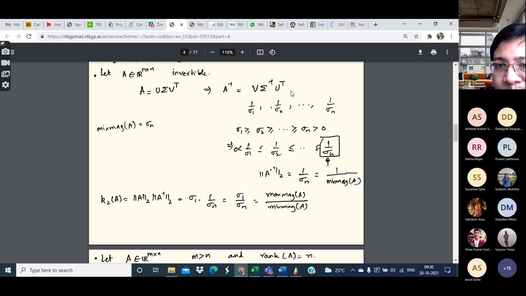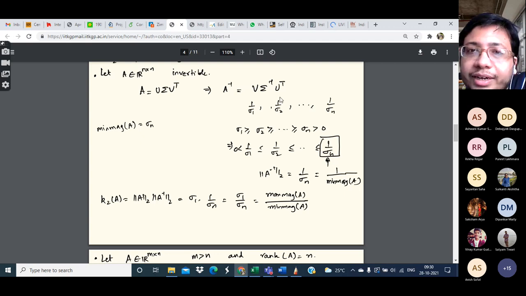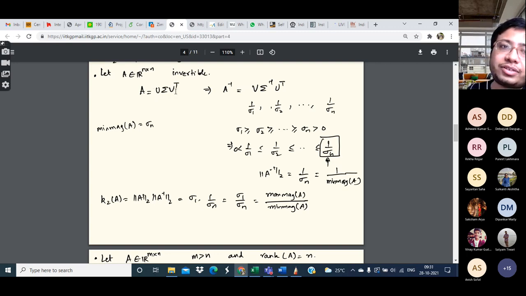and vn, right? So u1 was the first left singular vector of A, v1 was the first right singular vector of A, sigma 1 was the first singular value of A. But in case of A inverse, we see that 1 by sigma n is the first singular value of A inverse.